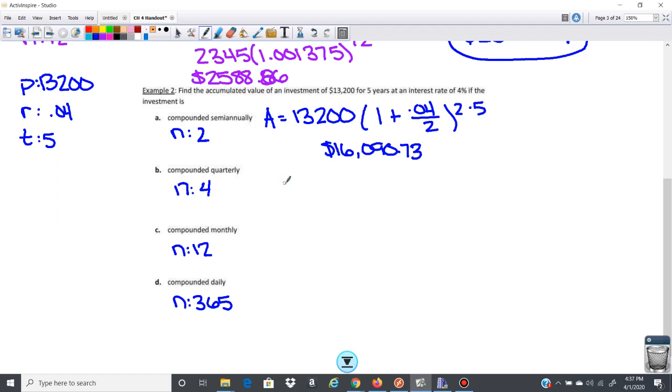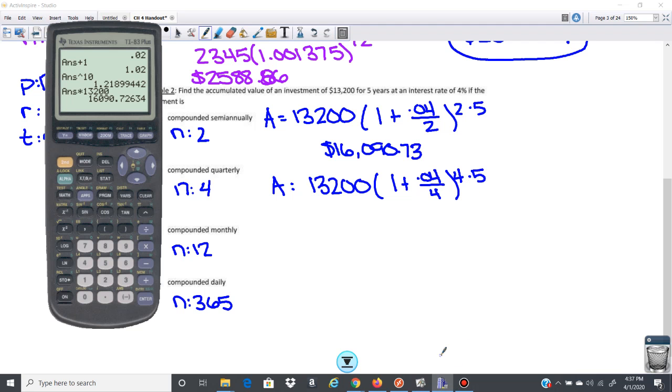Okay, then the next one, we're going to have a 4 for that compounding period. So 13,200, then it's going to be 1 plus 0.04 over 4 to the 4 times 5. So we're going to go 0.04 divided by 4. Then we're going to add 1.